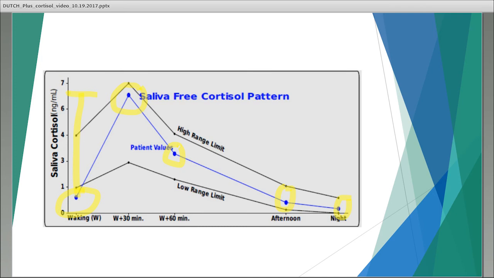And the studies tell us that that is an important marker for potentially overactive HPA axis, an overactive stress response. And that's why we want to look at this data. So in a case like this, that is potentially a sign of overactive HPA axis. That is an exaggerated CAR.